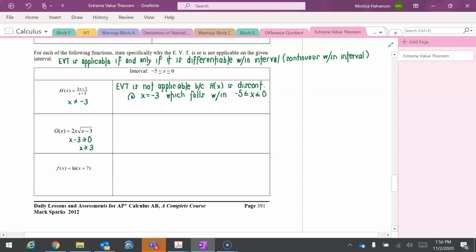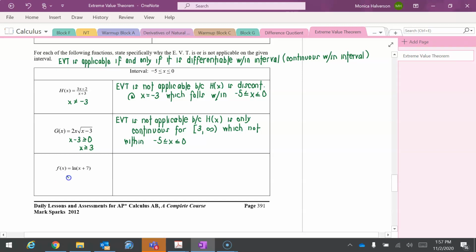So in this case, we can say EVT is not applicable because h of x is only continuous for 3 to positive infinity, which is not within our given interval.